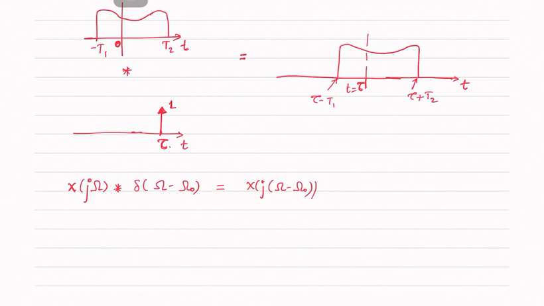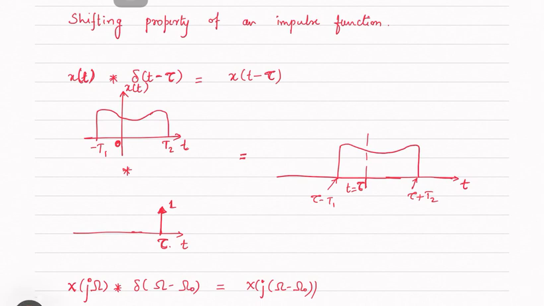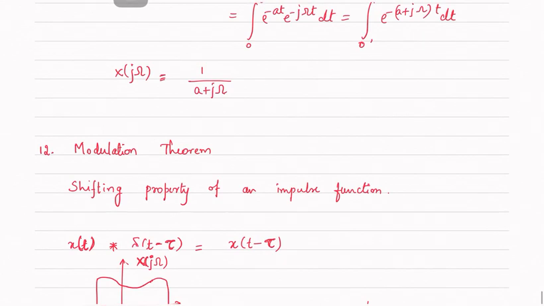Instead of this being x of t, now this is x of j omega. As we have seen in the previous example, x of j omega is in general a complex number, so it has a magnitude as well as a phase, but I'm assuming it's real.